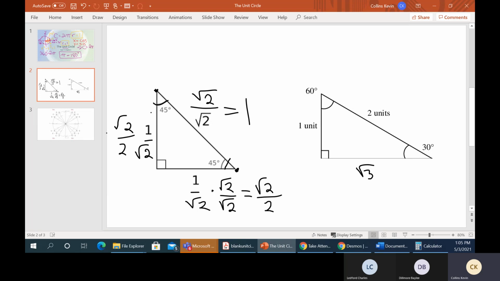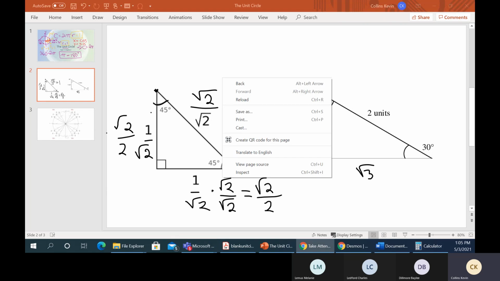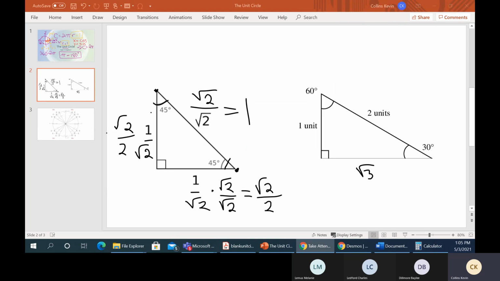Our next triangle is a 30, 60, 90. So that is the guy on the right. Okay. Now in this one, picture our hypotenuse: one end is like the center of a circle.